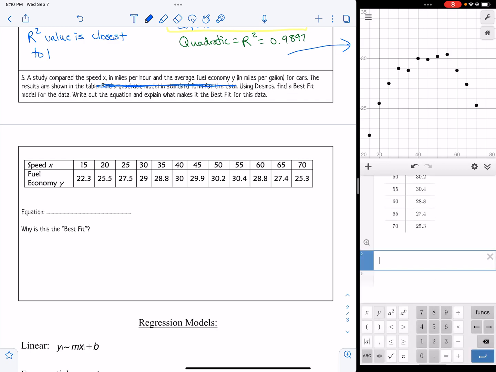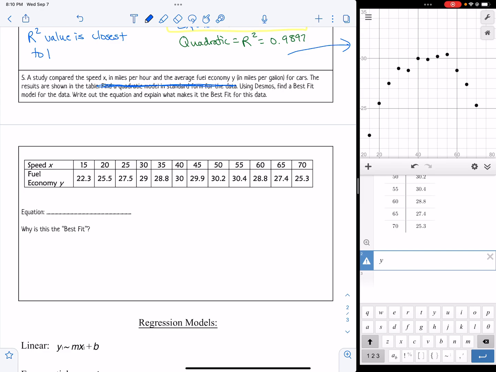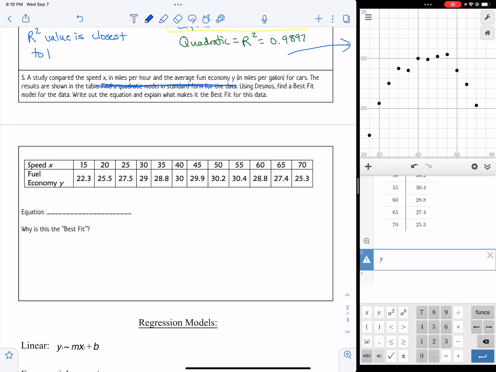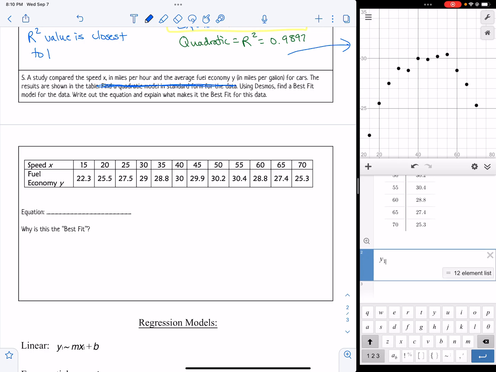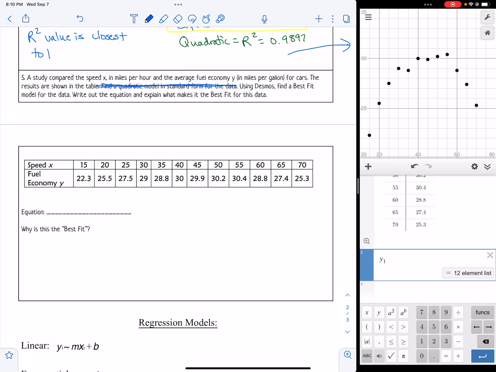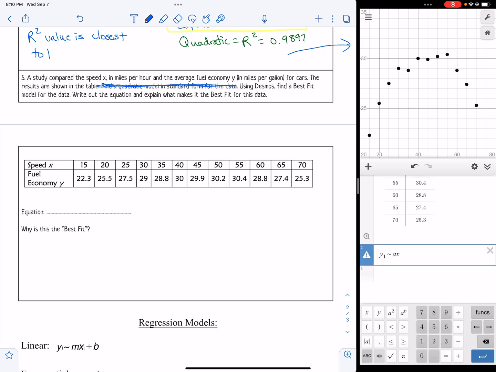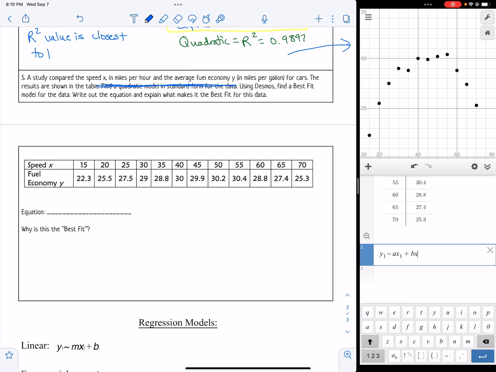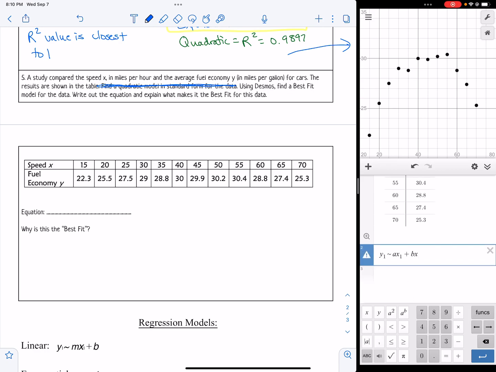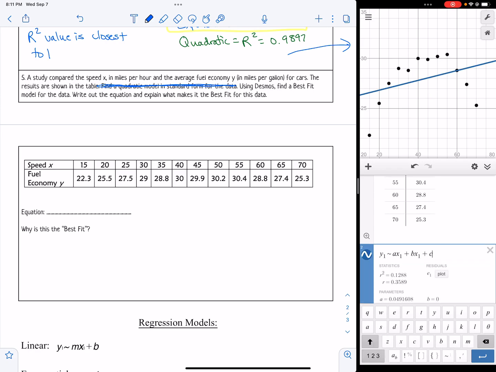But let's type in all of our options again to make sure. We'll start with quadratic. So y subscript 1 is approximately a x subscript 1 plus b x subscript 1 plus c.